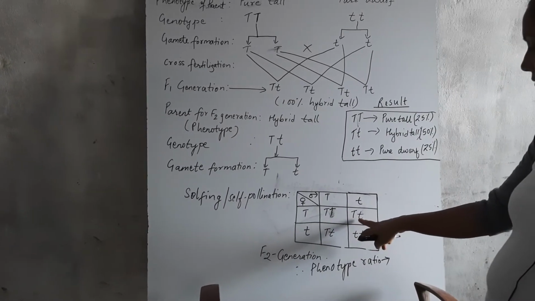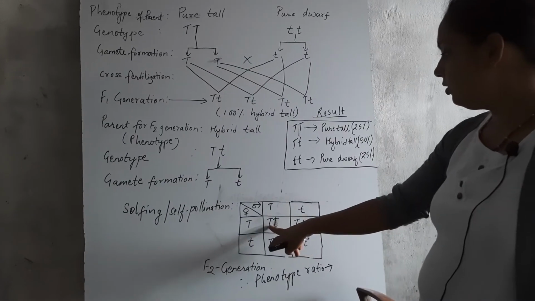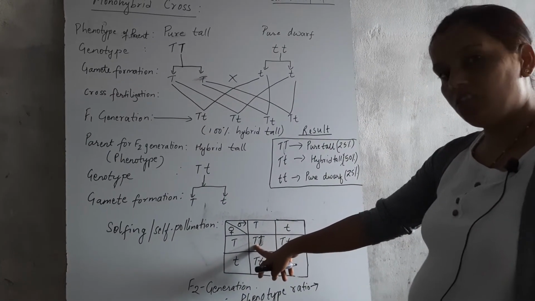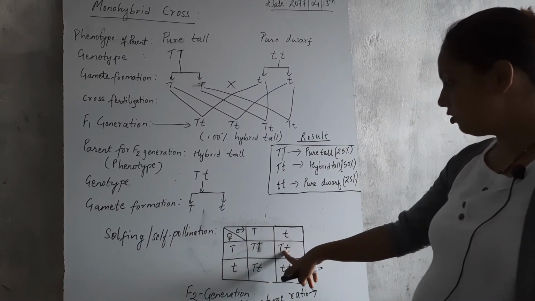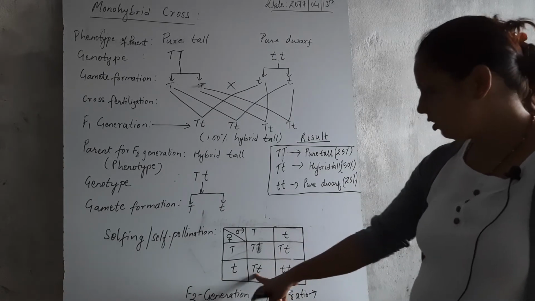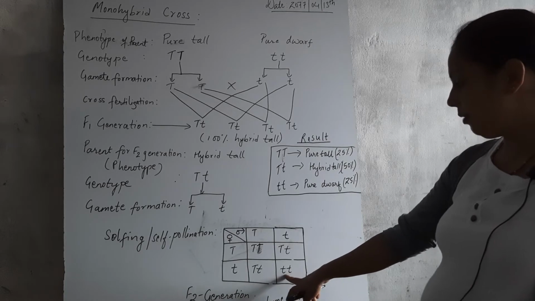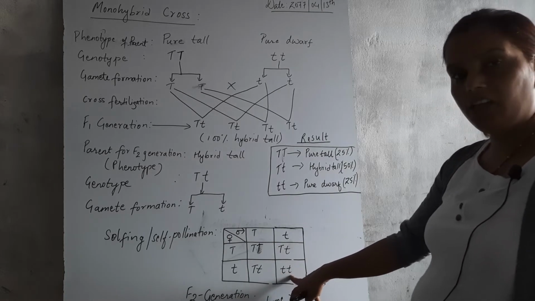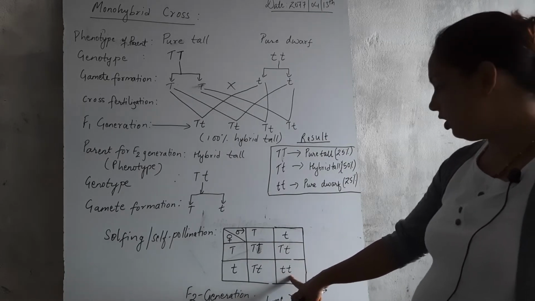So this first one, capital T, appears tall. This also appears morphologically tall. This also appears morphologically tall, and this, small t, appears morphologically dwarf.